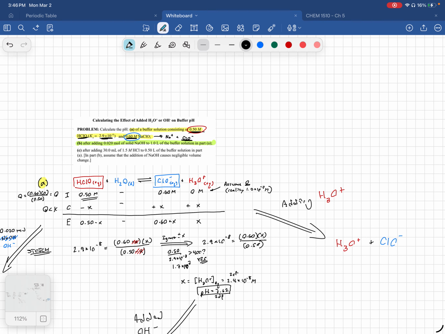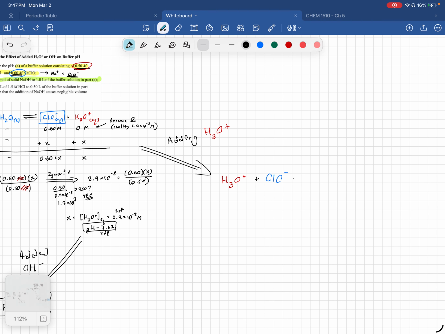So we get a different reaction, still a single arrow because H3O plus is such a strong acid. And so we would form, again, H2O because we're neutralizing that H3O plus, and we would convert some of that ClO minus back into HClO. And so this works exactly the same way as we did before. Oops, ICF, because this is a stoich problem.